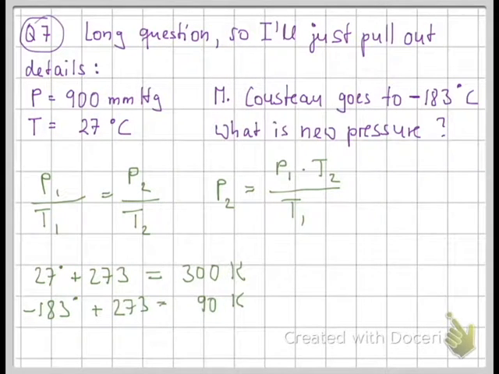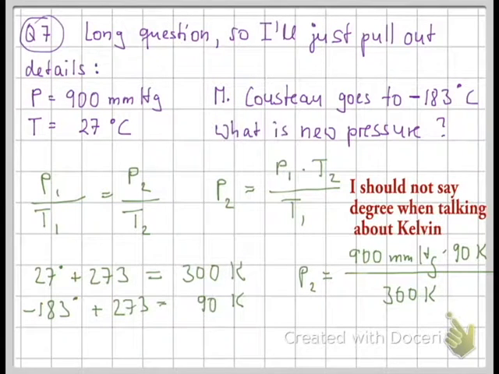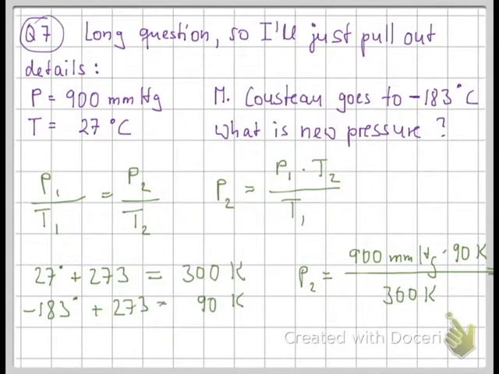Right, plug this in. P2 equals P1, which was 900 millimeters mercury, times T2, which was 90 degrees Kelvin, divided by T1, which was 300 degrees Kelvin, equals, actually that would be 3 times 90, that's 270 millimeters mercury.